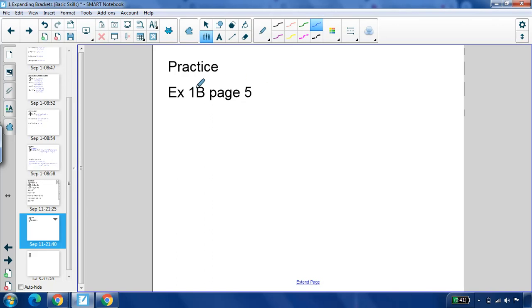It will be on page 5. You can either use the hard copy of the textbook or the online copy. Just a reminder that answers are in the back of the book, so you can be checking your answers as you're going along. And there is also online worked solutions available, which your teacher will be able to show you how to access.